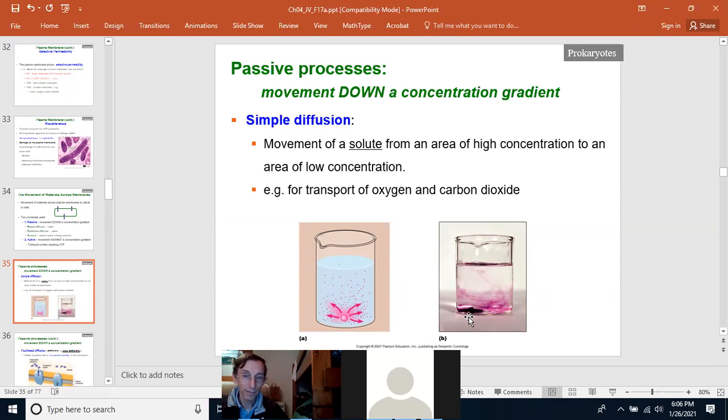In cells, the two molecules that are important that move across the cell membrane by simple diffusion are oxygen and carbon dioxide. Now, simple diffusion can go across a membrane, like a cell membrane. But in this case, we're having simple diffusion happening in a beaker of water without any membrane being there. Any question about any of that?